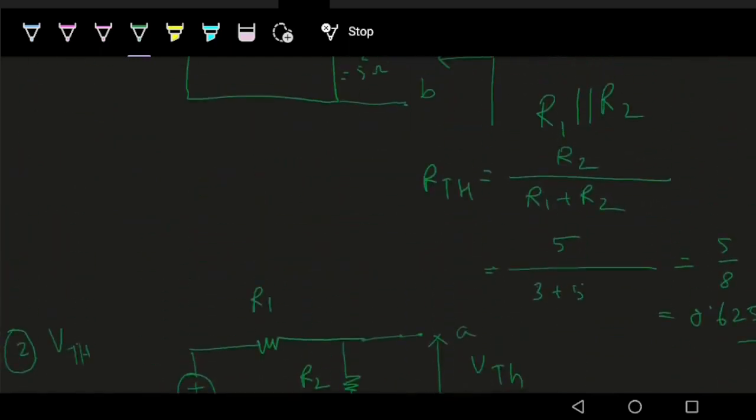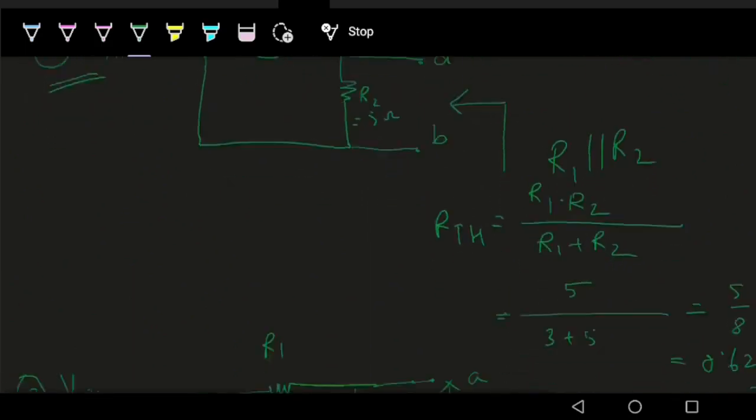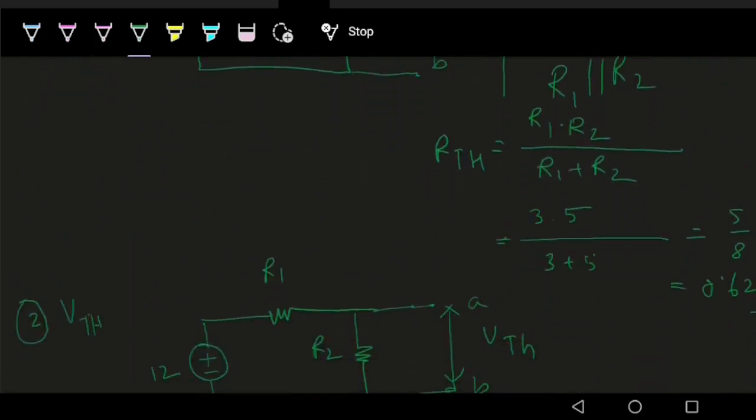I think I made a mistake here, sorry. In parallel combination it is supposed to be R1 into R2. Please pardon me. So R1 is 3 ohm. There is a slight correction here. This should be 15 by 8, which is 1.875, about 1.8 ohm.